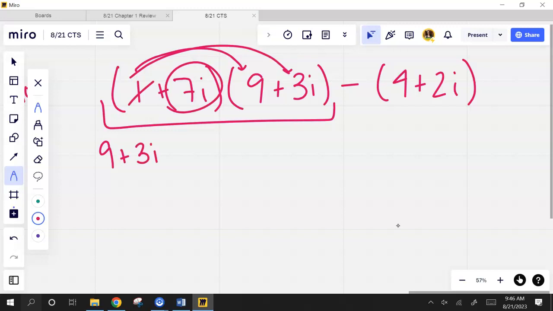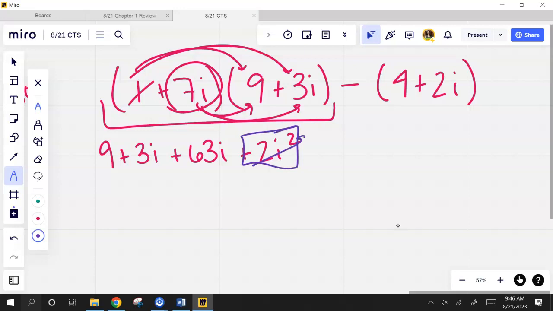I'm going to move on to the 7 and distribute it through. 7i, 7i, 63i, I squared. I'm just going to ignore that part on the end right now until I get this first part situated, okay? And then I'll worry about it in just a second. All right. So 2i squared, negative, oh, it is 21.